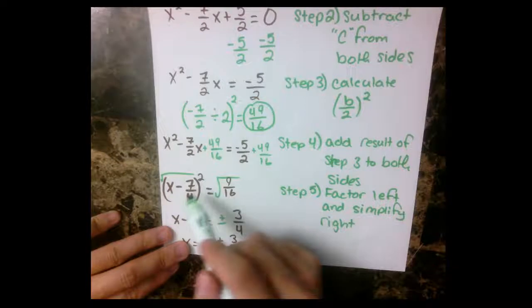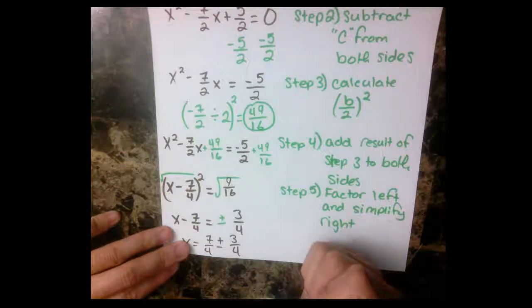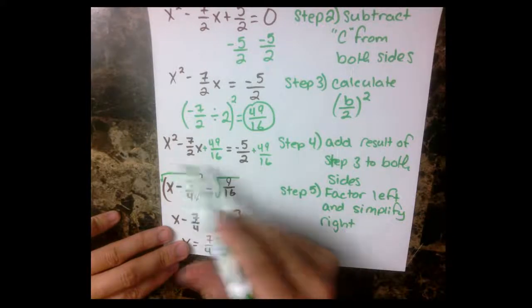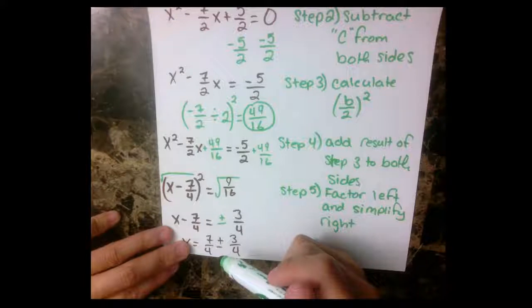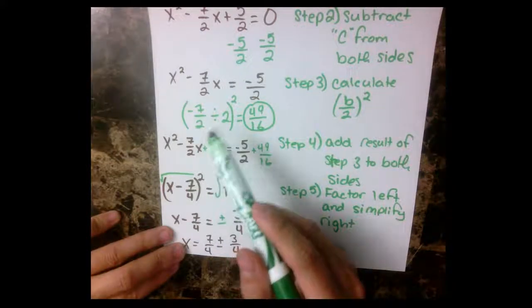Okay, so if you FOIL this out, you'll notice that it becomes the same thing here. For now, you can just trust me until I get back to show it to you, or you can prove it to yourself by FOILing this. But that is how you factor this ugly, disgusting number. Alright, so remember the 7/4 is just going to be that b over 2 step that you had earlier.